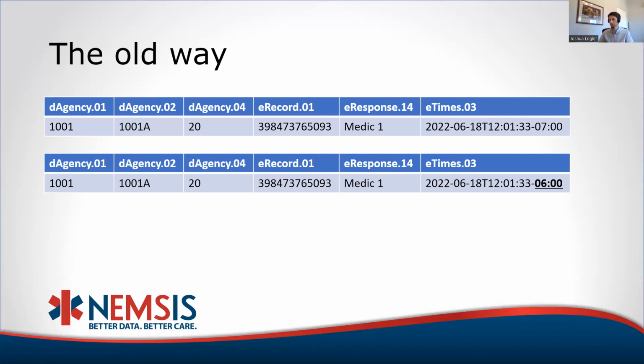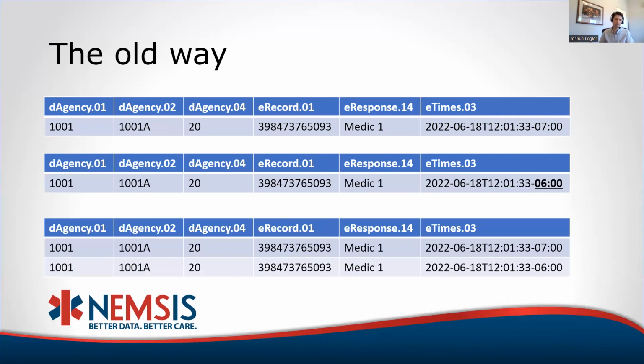What you ended up with in your state system and in the national database was two records that were exact duplicates of each other, except that eTimes.03 was slightly different. It wasn't even the date, hours, minutes, or seconds that was different. It was only the time zone offset. But any kind of change to that value resulted in a duplicate. So we're getting away from that with NEMSIS 3.5 by adding the UUID.